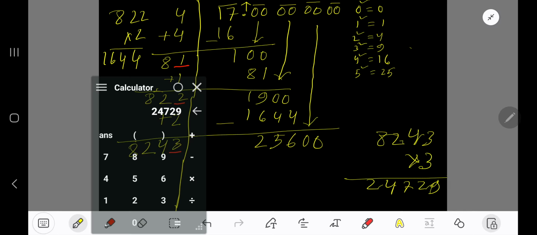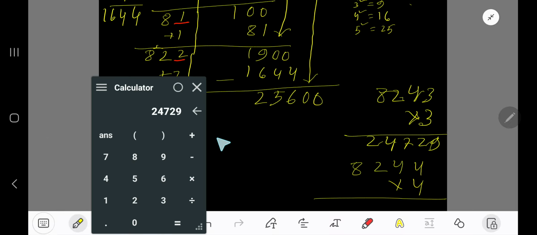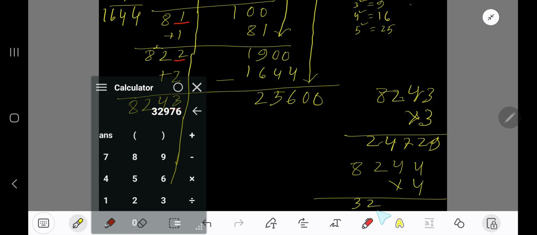But if I take 4 here, then what will happen? If I take 4 here, then I need to multiply 8244 times 4. Let me use the calculator to show you that. 8244 times 4 gives you 32,976.